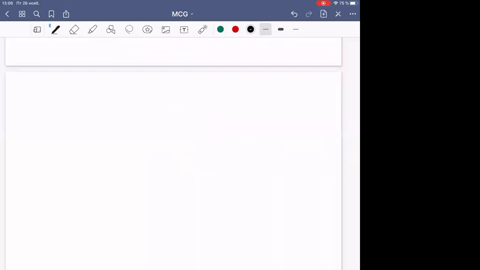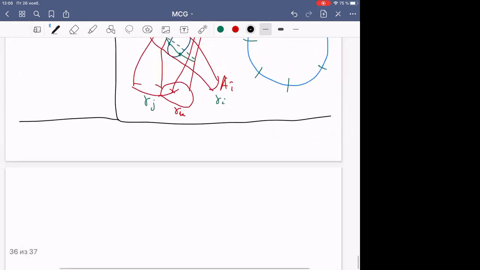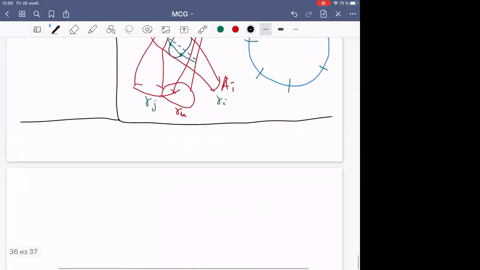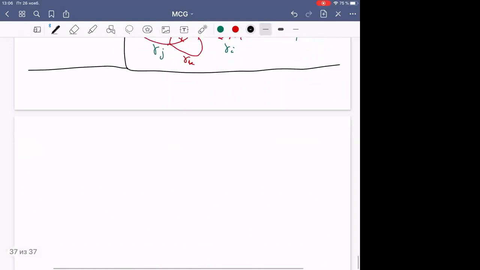So now I would like to explain what the moves introduced by Harrer are, how to decrease this complexity of the situation.